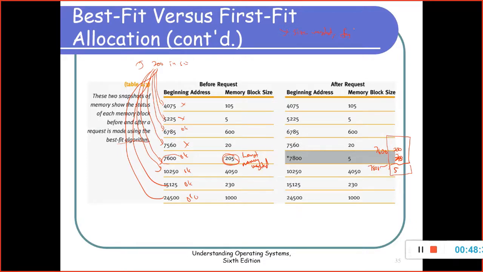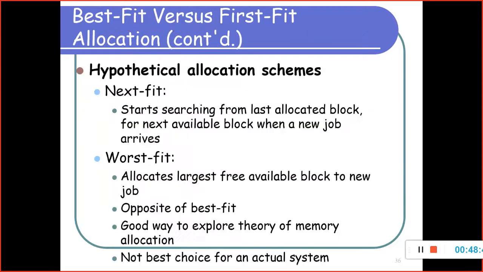Best fit: least size wasted but slower performance. Best fit versus first fit are probably two of the most popular algorithms if you want to use dynamic partitions.